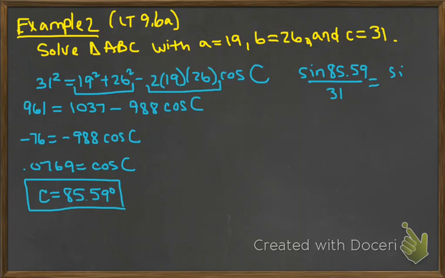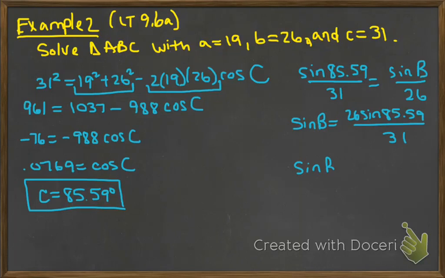So the sine of B over 26. So now I cross multiply and divide. So the sine of B is equal to 26 times the sine of 85.59 divided by 31.